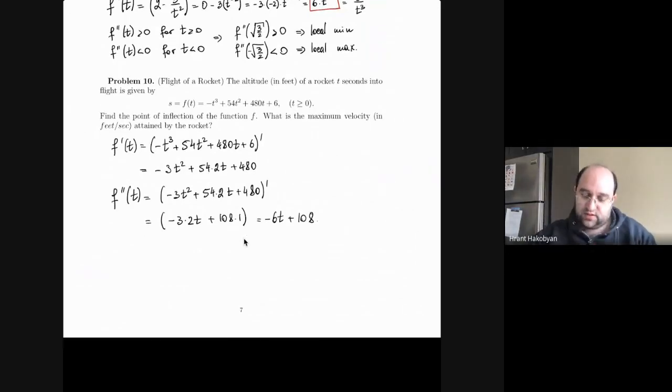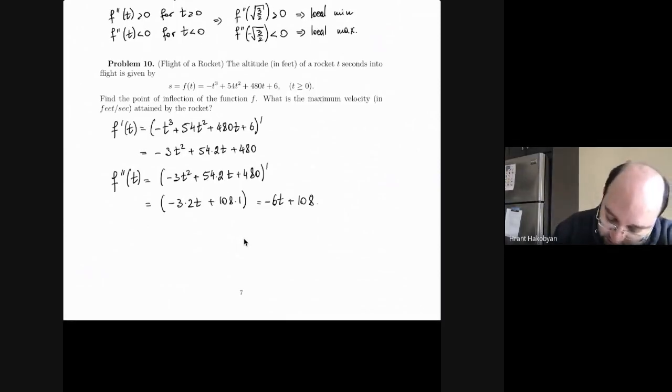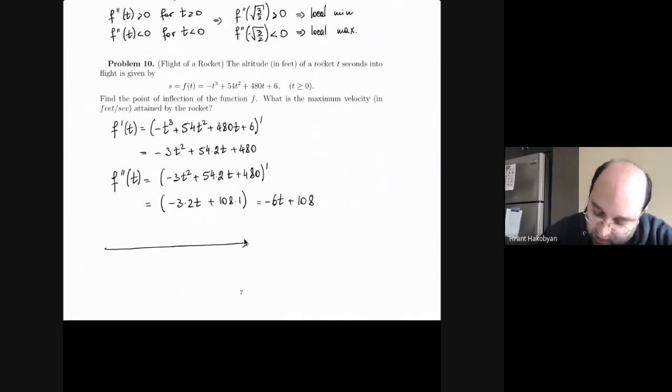So let's find where it's concave up and concave down. Let's look at the number line. Where is this equal to 0? If I set this equal to 0, I'm going to get that negative 6t plus 108 is equal to 0, so negative 6t is equal to negative 108.